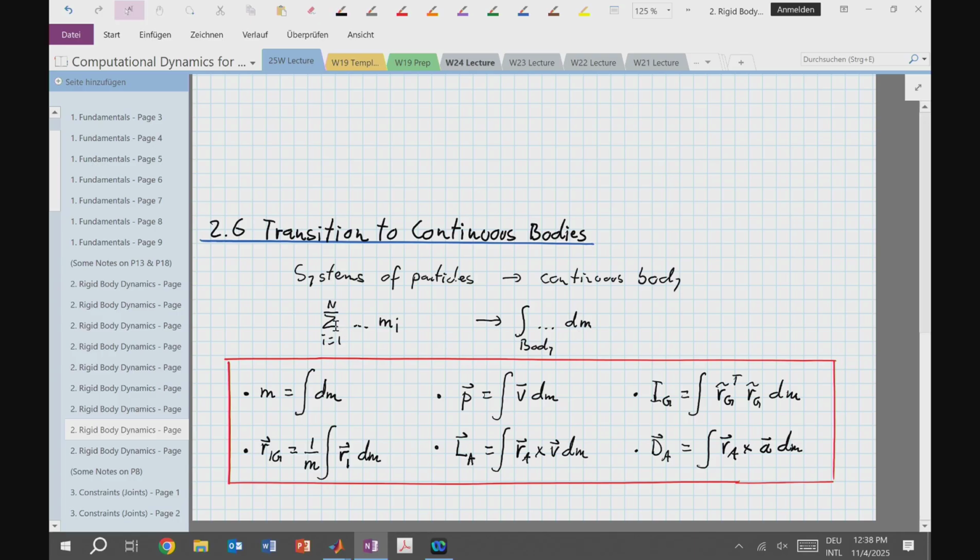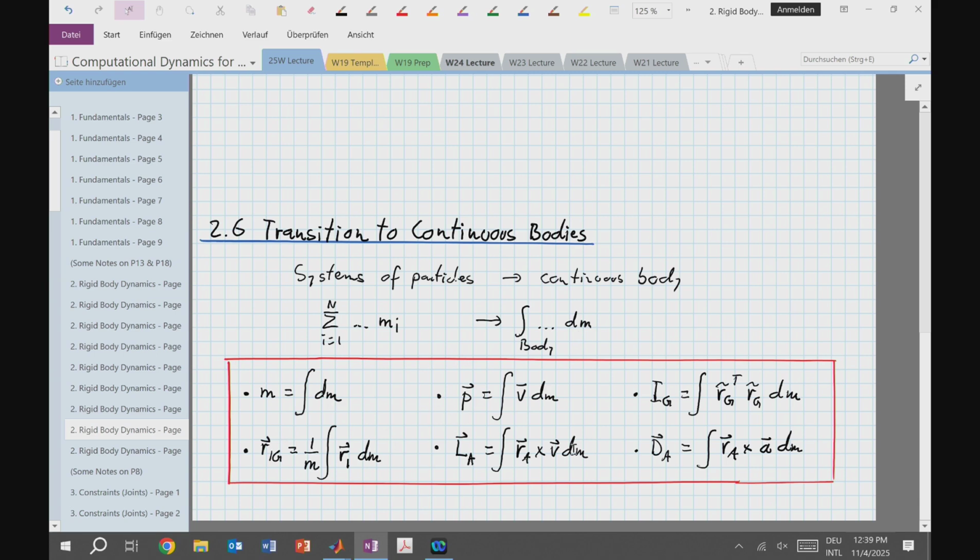Other than that, this is basically the limiting case for infinitely many, infinitely small particles. So for example, the total mass is the sum over all the individual masses of the particles. So I say m is the integral of dm. So I integrate over the mass. Impulse was the sum over all particles, where the velocity of each particle was multiplied with its mass. Now I write this as the integral of v dm.